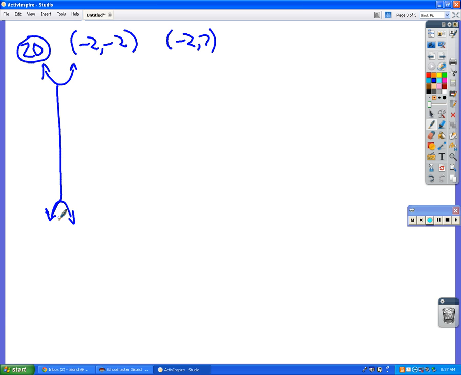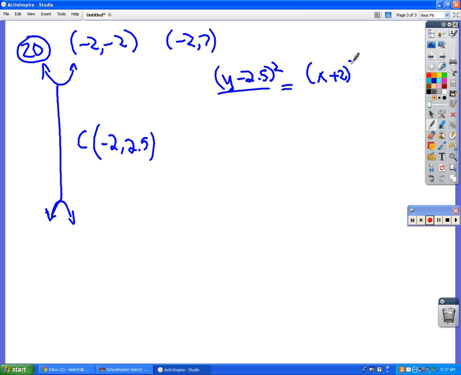Right in between there is the center, which would be -2 and 2.5. Since it opens up and down, the y comes first: y minus 2.5 squared over something equals x plus 2 squared over something, equals 1.